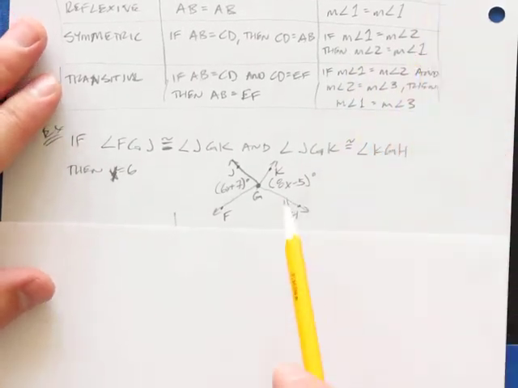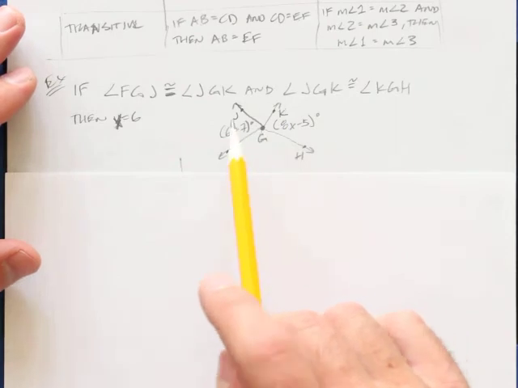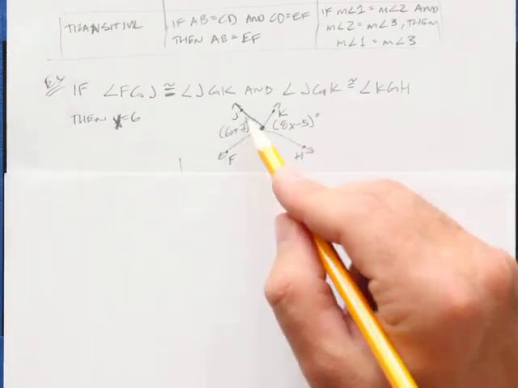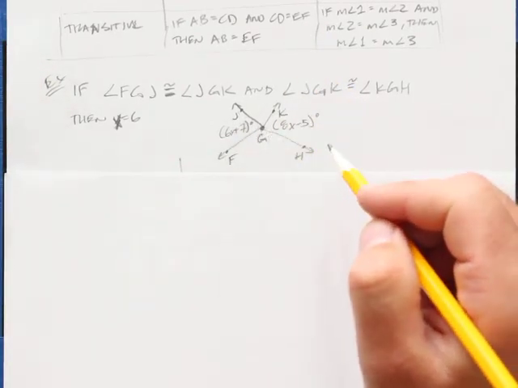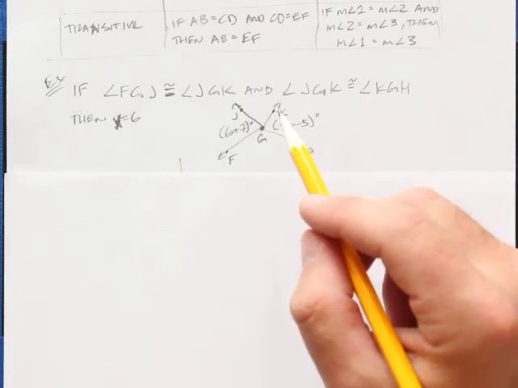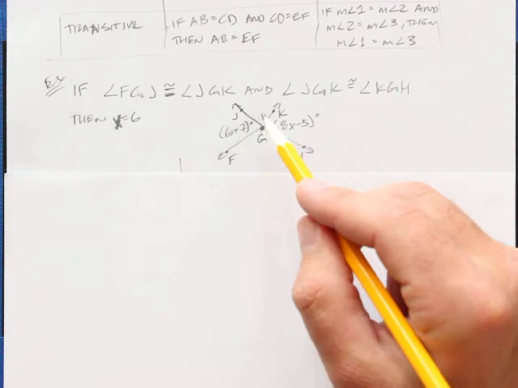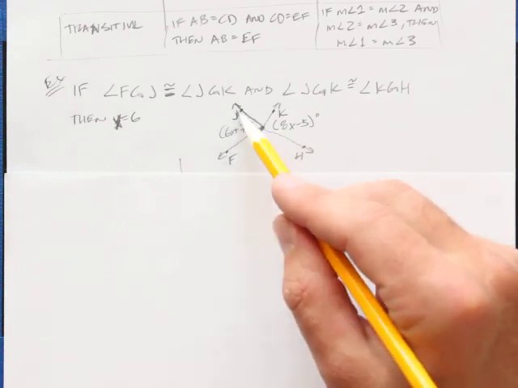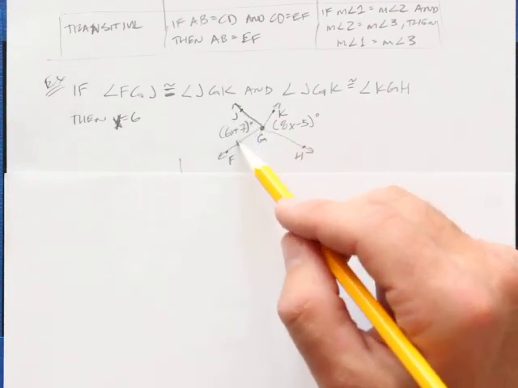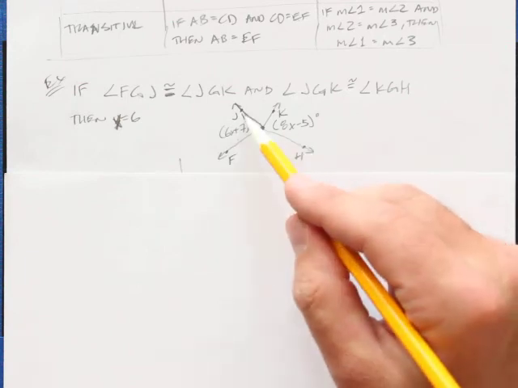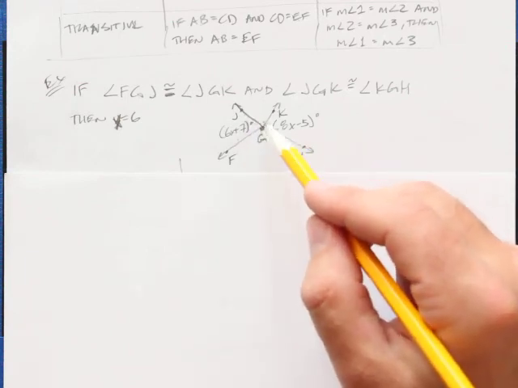Okay, so here is the diagram that we're given here. So it kind of looks like an X, but it's not quite an X. Or maybe it is actually an X. Yeah, okay. So FGJ is congruent to, so this angle is congruent to JGK.